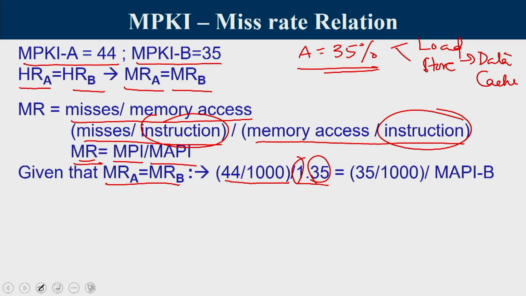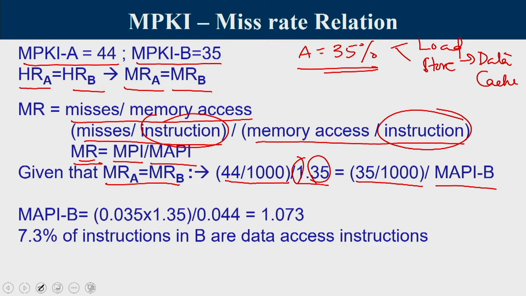That is the same as 35 divided by 1000, that is misses per instruction for B, divided by memory accesses per instruction of B, which we do not know. So, if you solve the equation, memory accesses per instruction for B is 0.035 into 1.35 divided by 0.044. So, you get memory accesses per instruction for B as 1.073.